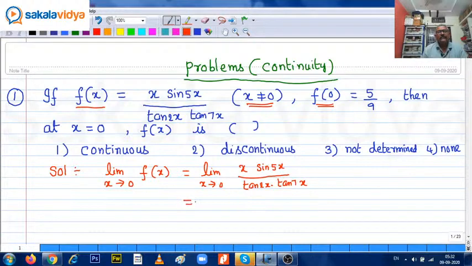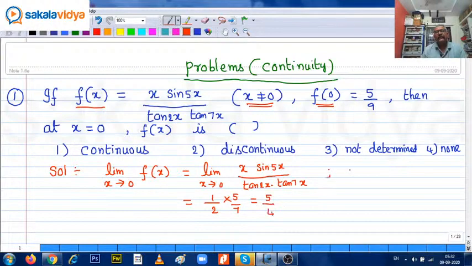See, this equals x upon tan 2x is 1 by 2, times sine 5x by tan 7x, 5 by 7. This will be 5 upon 14.